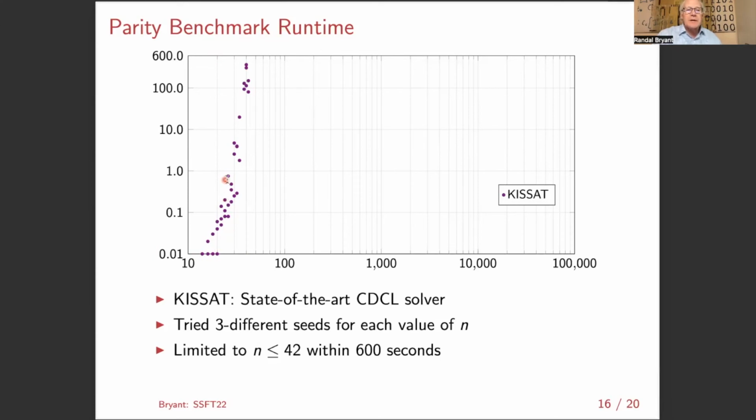It does just fine. But now as I go from 20 up to 30, you see the times are starting to stretch out. And basically, once I hit n equals 42, I've hit the end where I can't solve these in less than 10 minutes, and in fact, they get much worse.